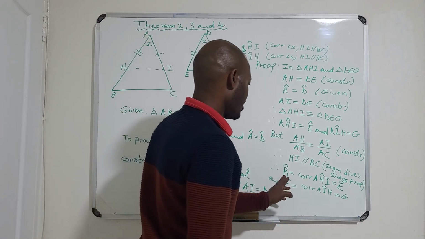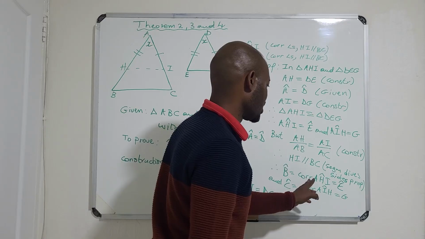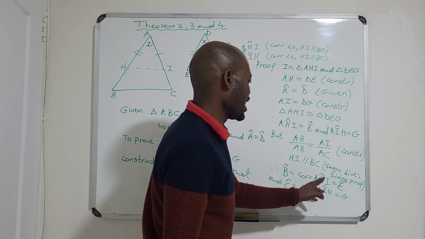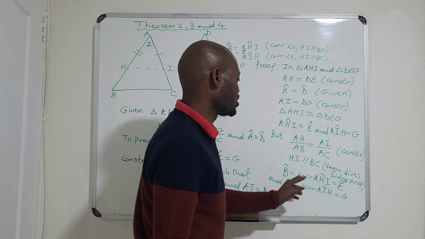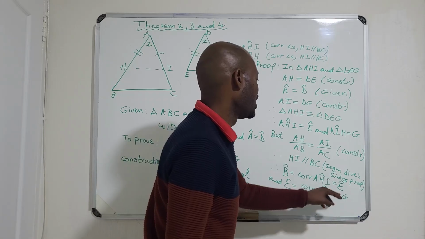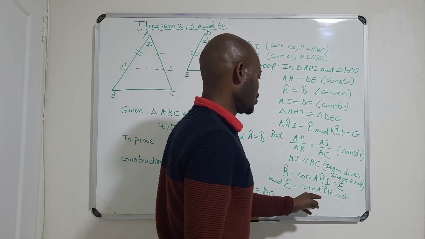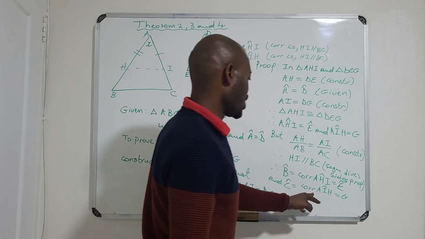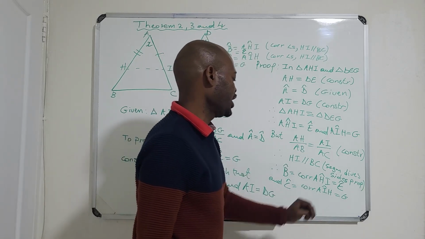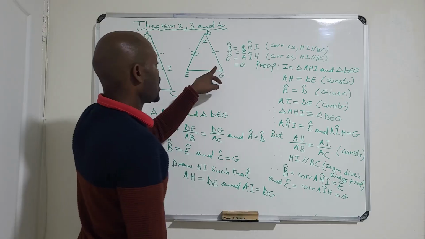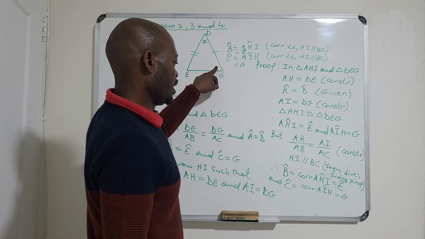Therefore, angle B is equal to the corresponding angle HI, which is equal to angle E. Angle C is corresponding with angle IH, which is equal to angle G.